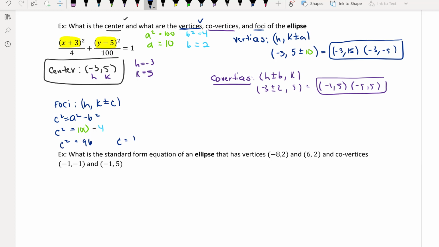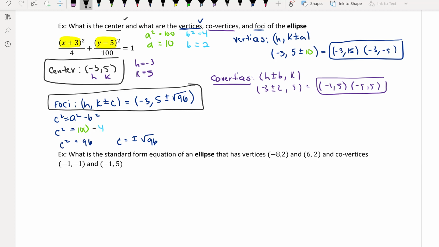So that tells me that my c is going to be plus or minus the square root of 96. So the h value was -3, my k value was 5, and now I have plus or minus the square root of 96, since that is my c value. I can just leave it as that. So now I have my center, my foci, my vertices, and my co-vertices.